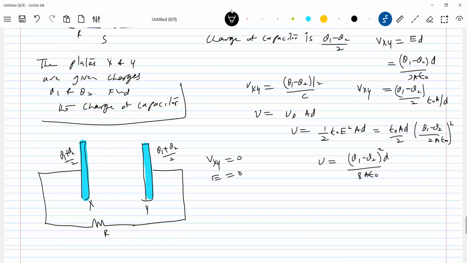So now after closing the switch, I'm asking what is the heat generated? All the energy in the capacitor will be the heat generated across the resistor.